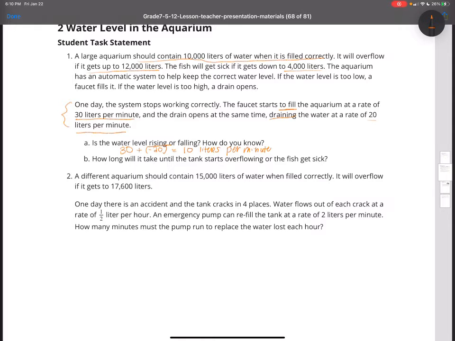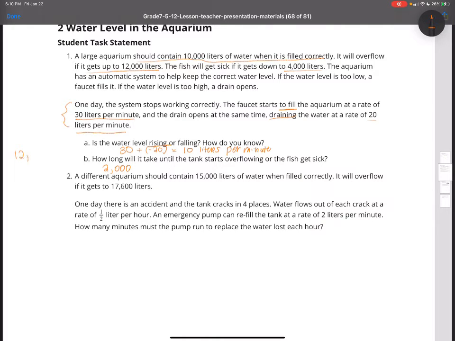Then it says, how long will it take until the tank starts overflowing or the fish will get sick? The tank is supposed to have 10,000 liters, and if it exceeds 12,000, it would be considered an overflow. So I want to take 2,000. Where do I get that 2,000 from?